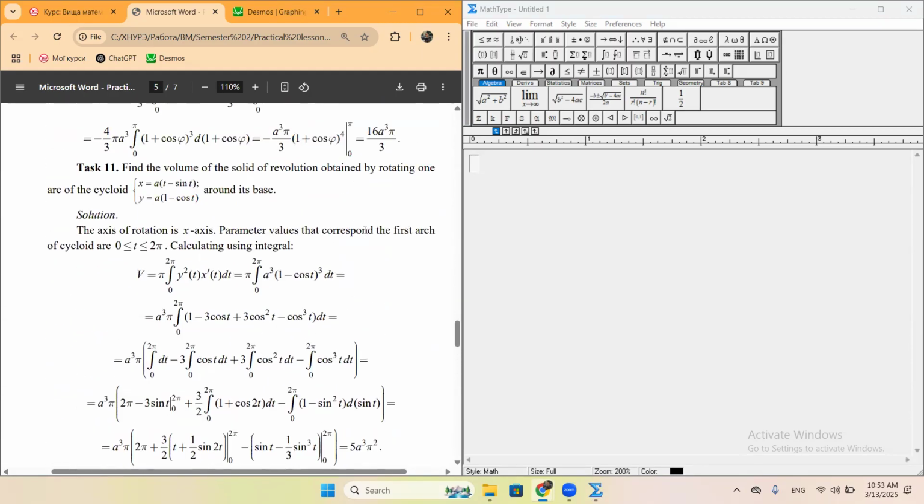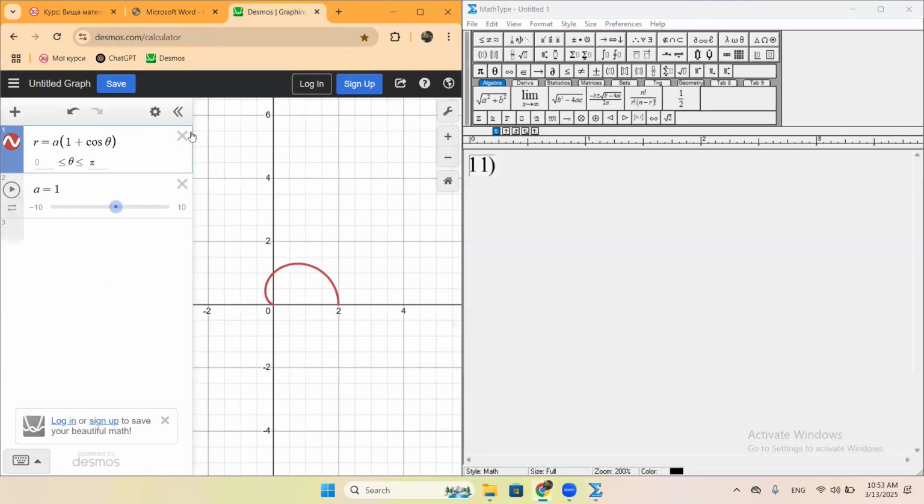So we have task 11: let's find the volume of the solid of revolution obtained by rotating an arc of a cycloid around its base. The base means the x-axis.